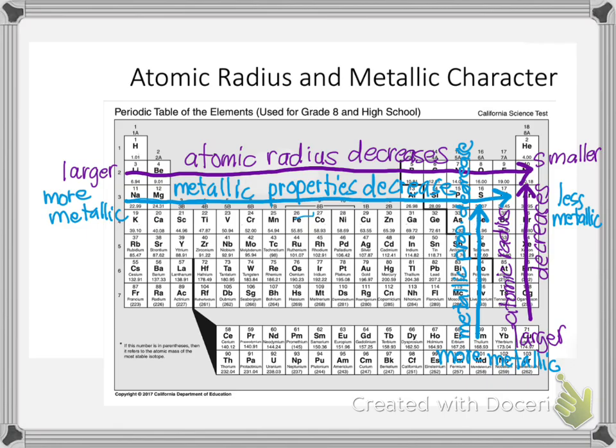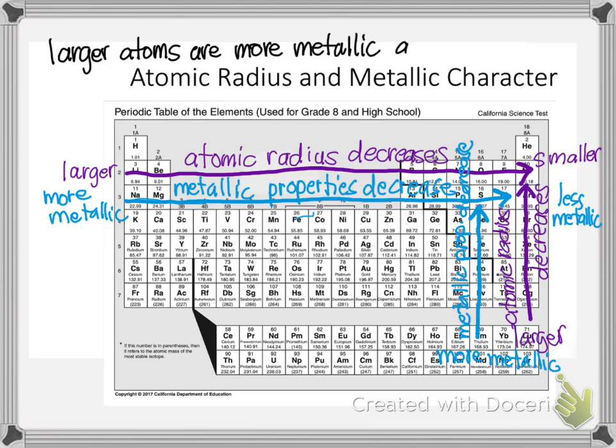So this would be my conclusion. Larger atoms are more metallic, and smaller atoms are less metallic.